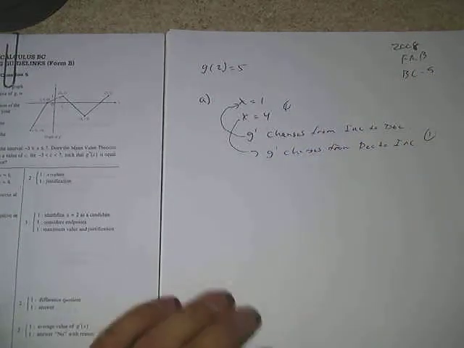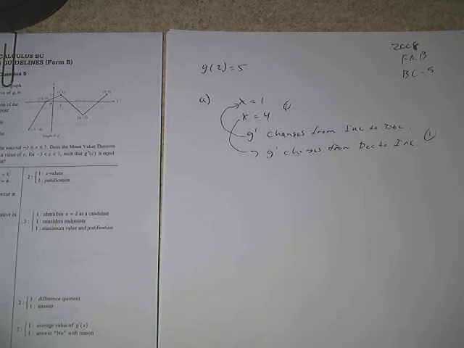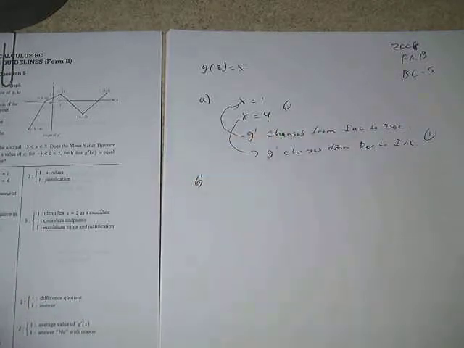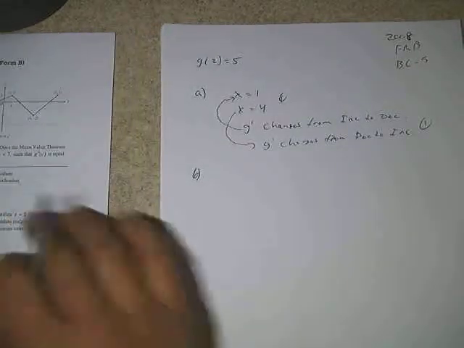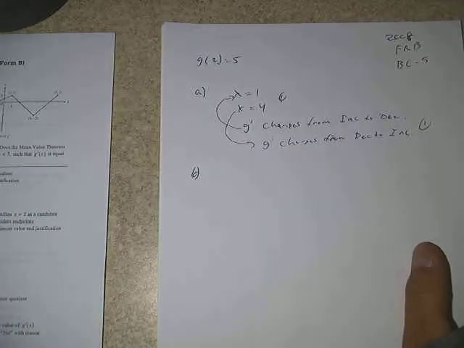If g prime is increasing, then the second derivative is positive. If g prime is decreasing, the second derivative is negative. Okay, 2 points: one for getting the right values and one for justifying it correctly.